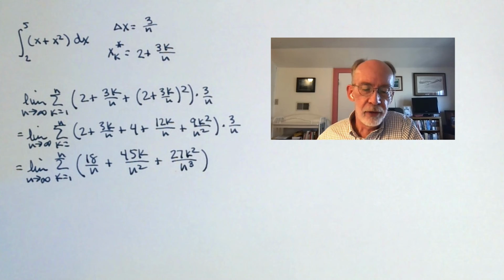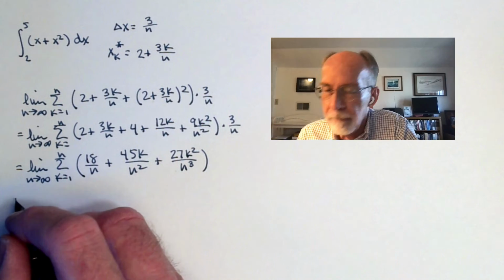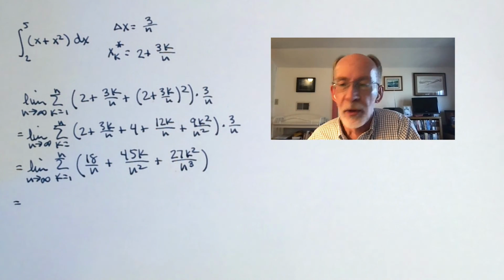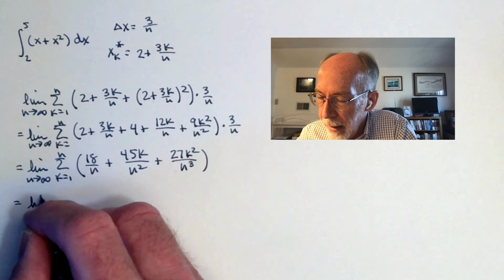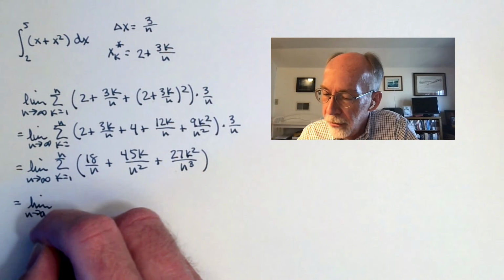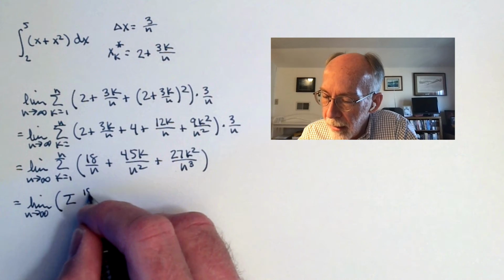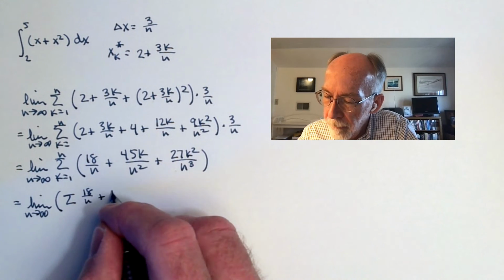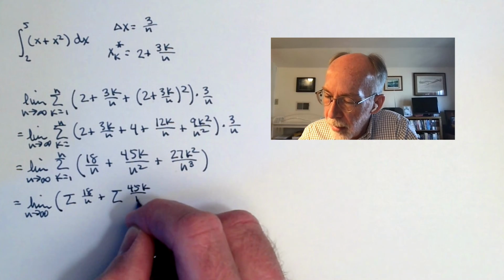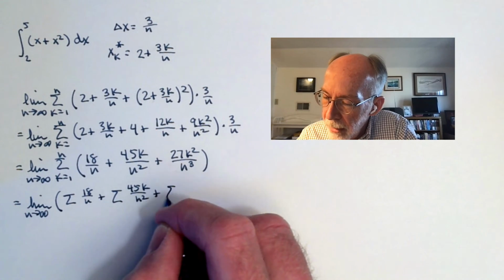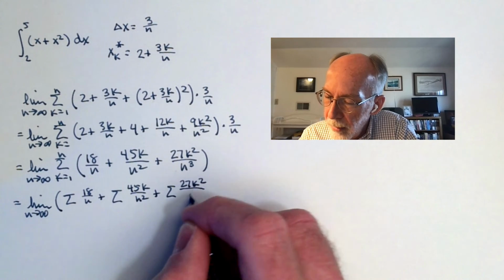Next, let's distribute the sigmas across the 3 terms, which is a legit maneuver in the world of summation notation. So this is limit n to infinity, big sum of 18 over n plus sum 45k over n squared plus sum 27k squared over n cubed.